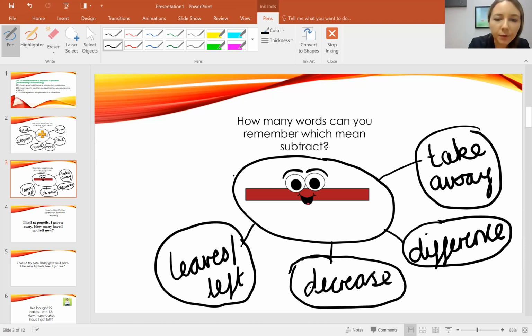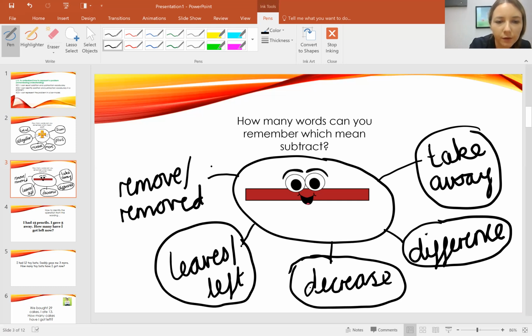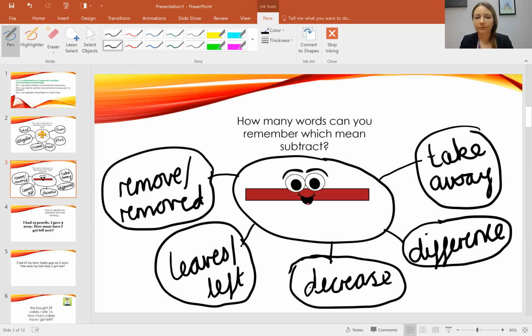You might have come up with the word remove or removed. Because if somebody had some pencils and we removed some of those pencils, then we are taking a number away, we are subtracting.